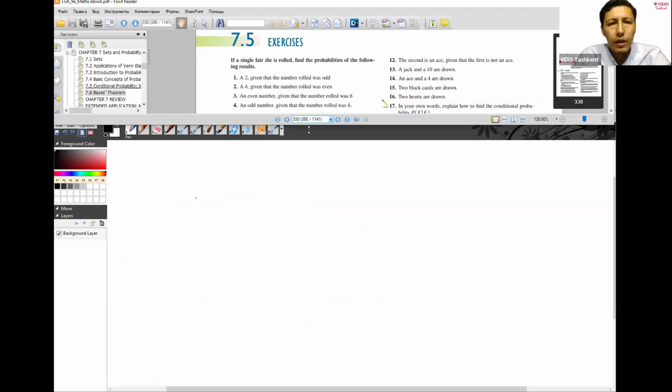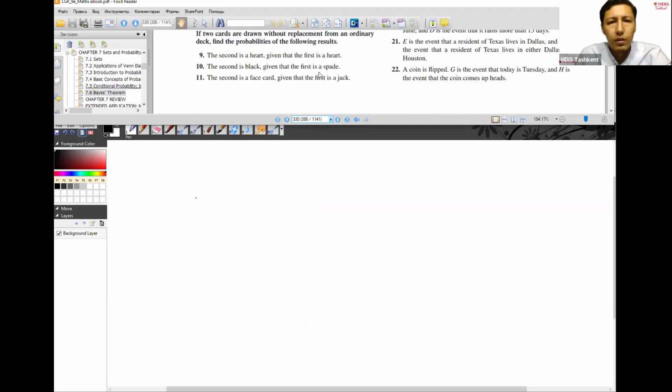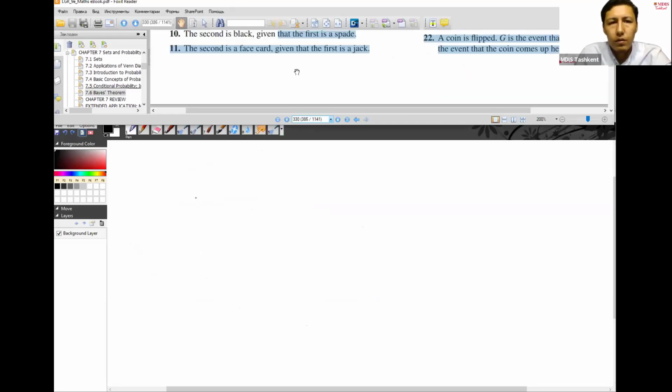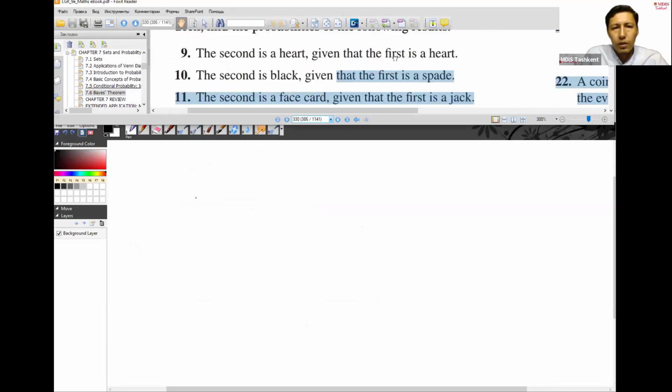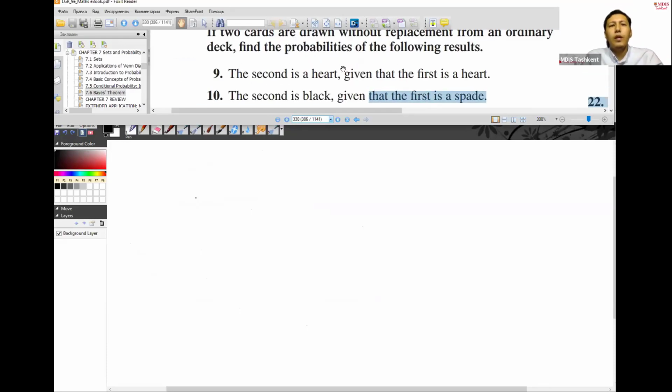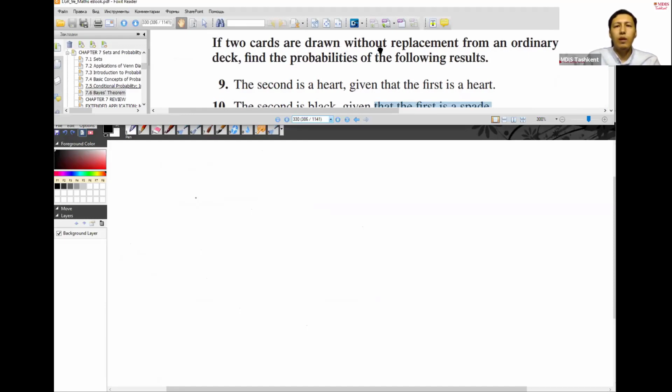Okay, 7.5. Let's see some examples. Formula for the conditional probability. If two cards are drawn without replacement from an ordinary deck, find the probabilities of the following results.